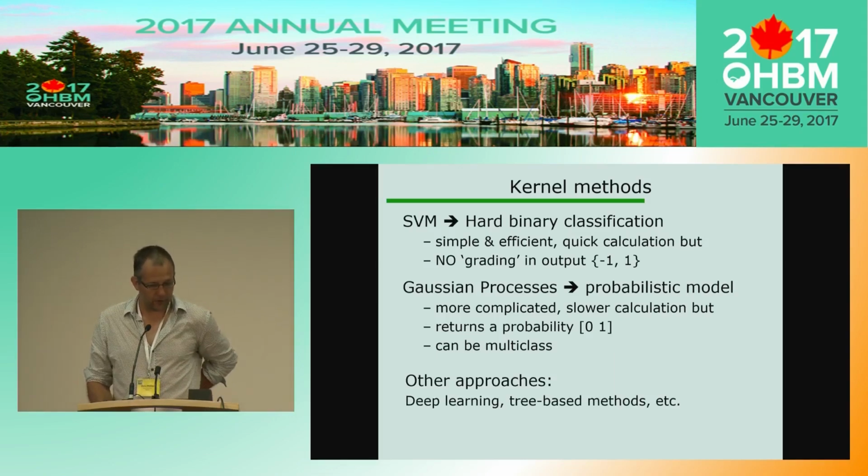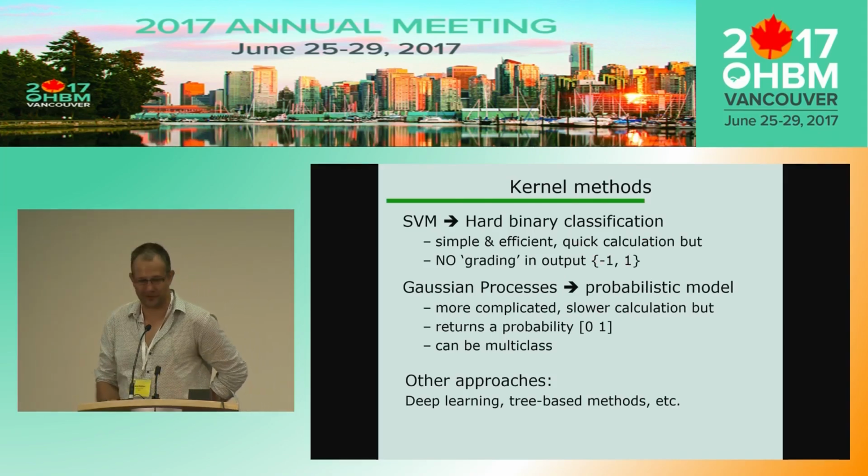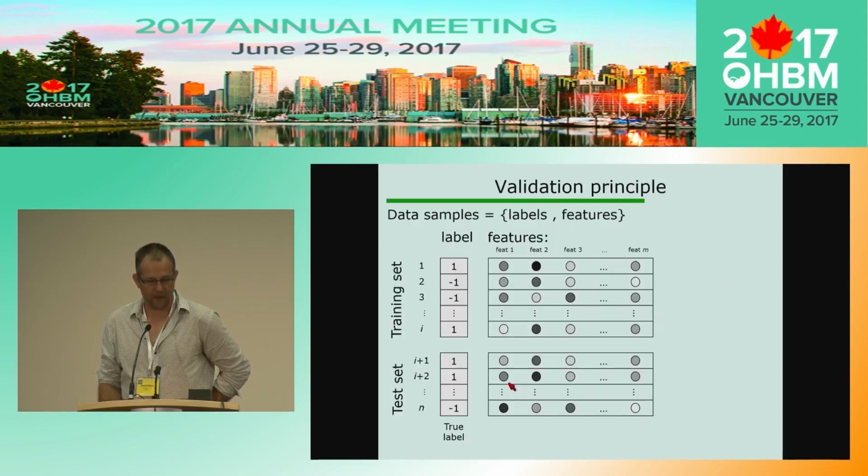There are, of course, other approaches, deep learning, tree-based methods, and so on. These are just some fairly common algorithms, but I'm sure each of the speakers will have their own favorite machine. I think Vince Calhoun, at the end of the day, will talk about deep learning.